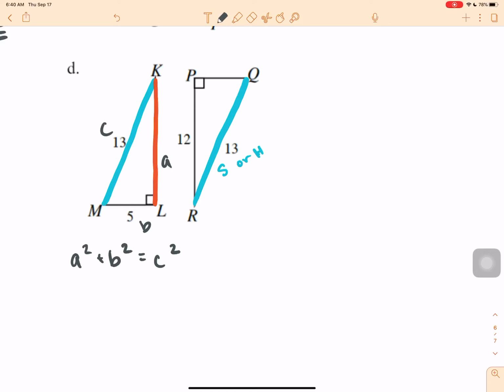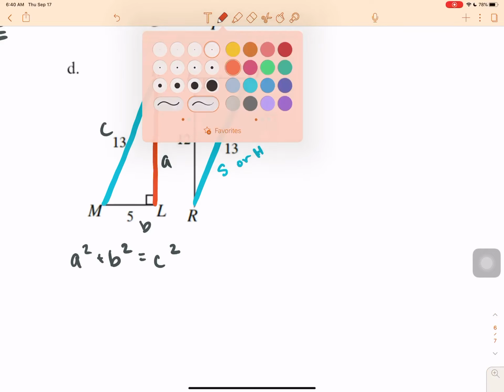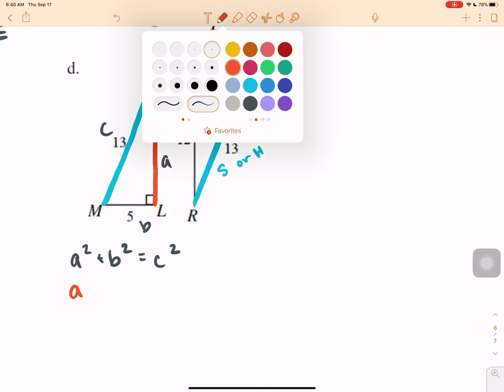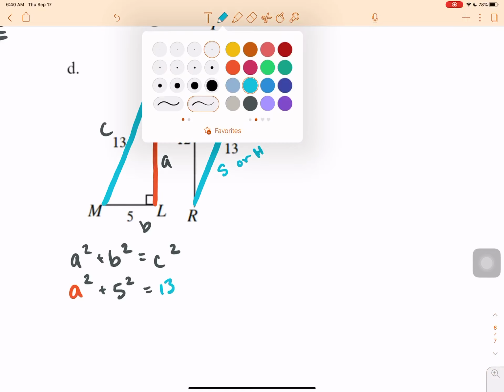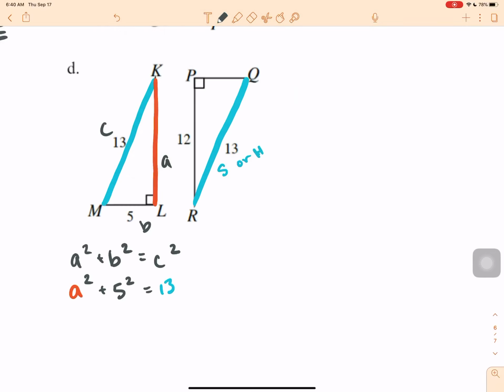So if I start to plug in these numbers here, a squared plus b squared, b is 5, so 5 squared, equals c squared, and I have 13 as my c, so 13 squared. Now if I start simplifying, a squared plus 25 equals 169, and then I subtract 25 from both sides.